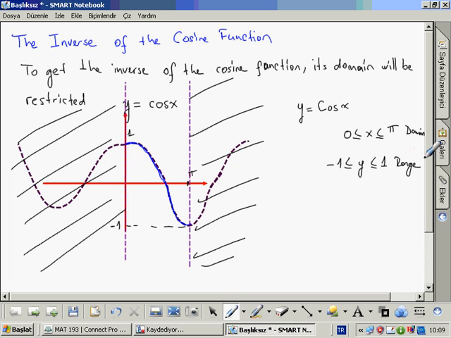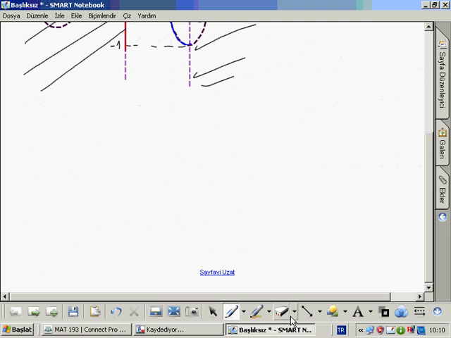What can you say about this function? Let me sketch it again. It will be the inverse cosine x.